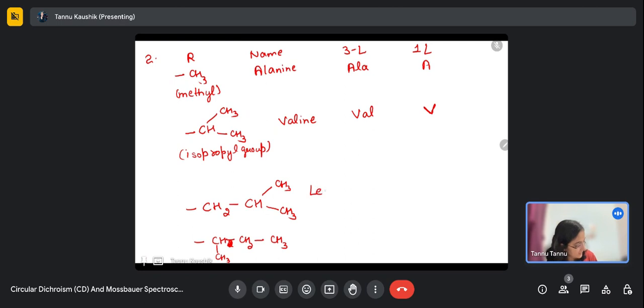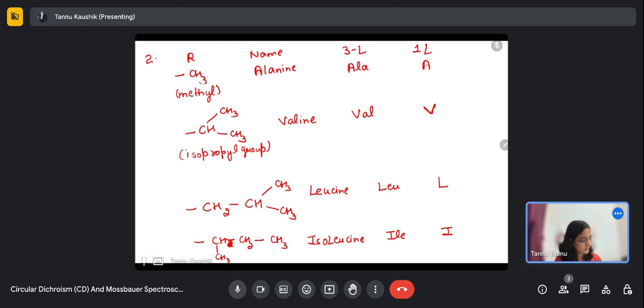So their names are leucine and isoleucine, and these are the codes.